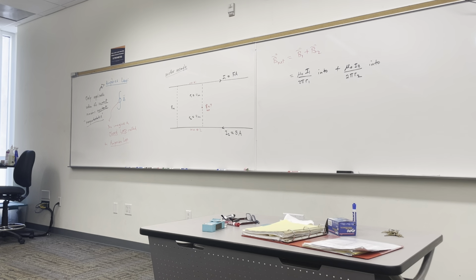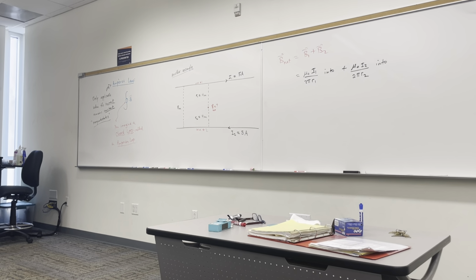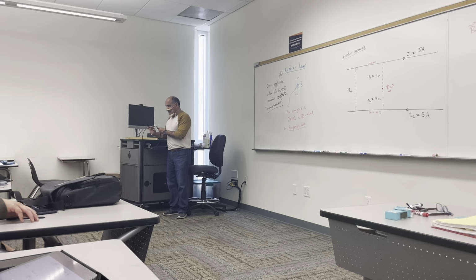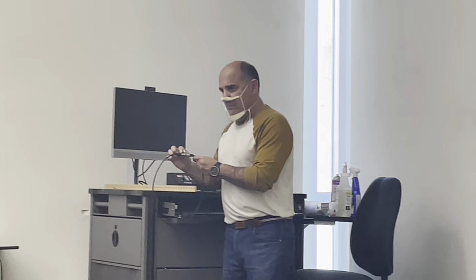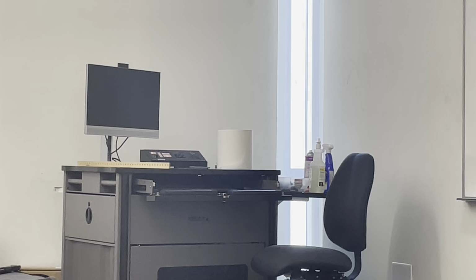If the current is that way, I put my thumb that way, at the top the magnetic field is out. But the point that I'm looking at, here's wire number 1, so I'm looking at the bottom. This point is at the bottom.